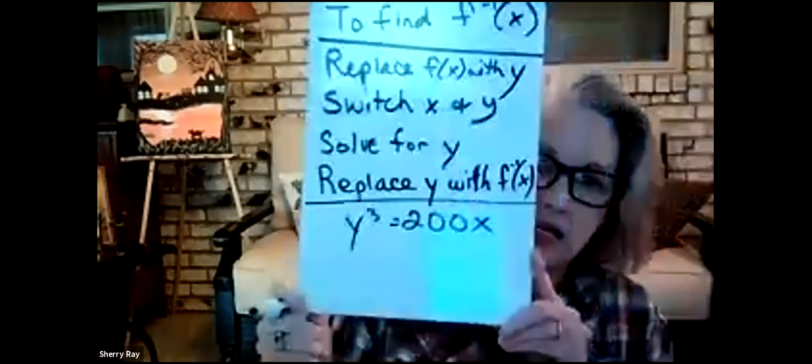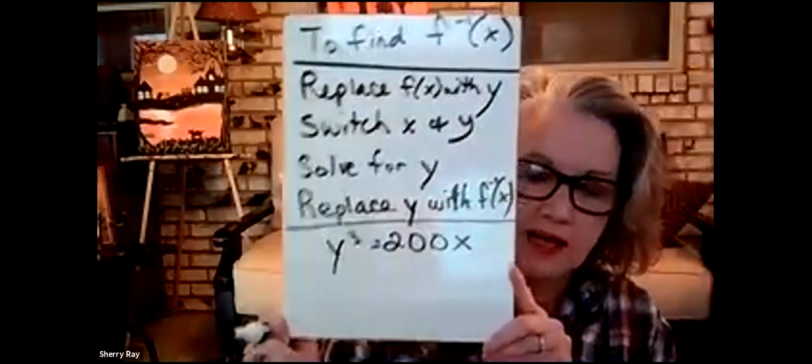I have y cubed equals 200x. And so to solve for y, to undo the exponent 3, I do a cube root. And so that cancels out my y.